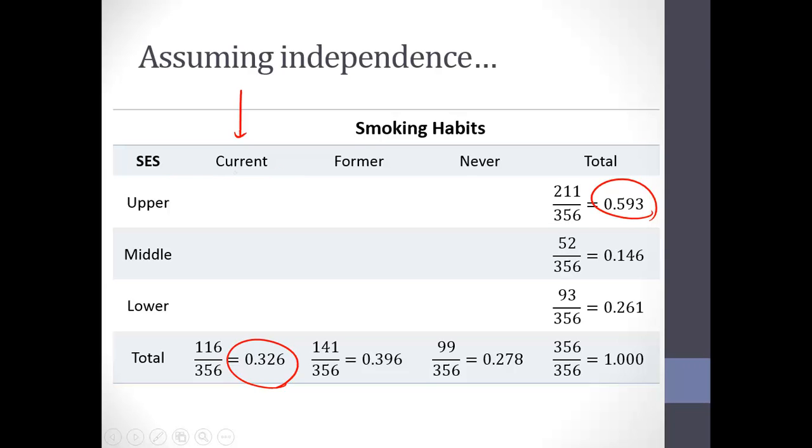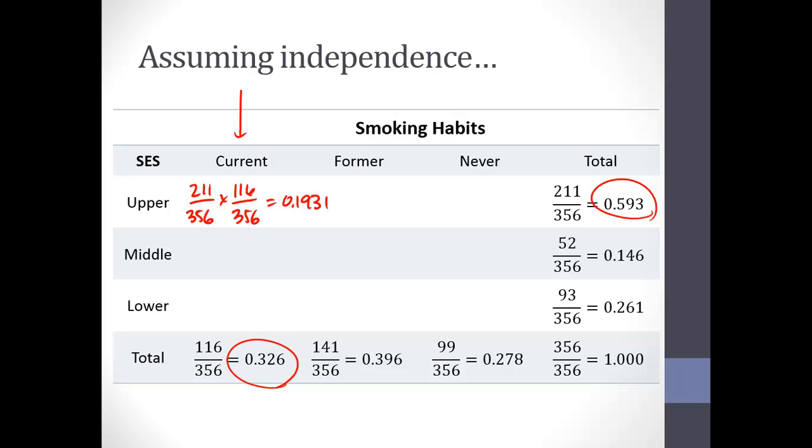So I can take my probability of being upper class, 211 out of 356, and multiply that times the probability of being a current smoker, 116 out of 356, and that's going to be about 0.19331.